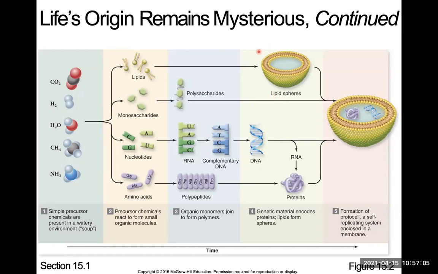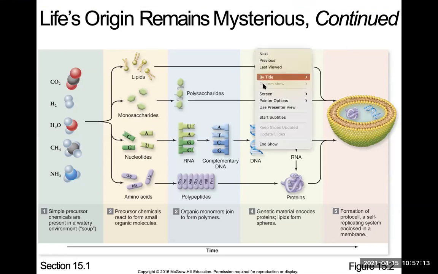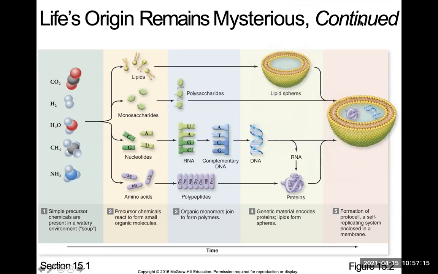Once you have the environment separated, now inside can be genetic material, other proteins, and it got more complicated over time. But this is what the first cell looked like. First cell is known as a protocell. It had this self-replicating system.